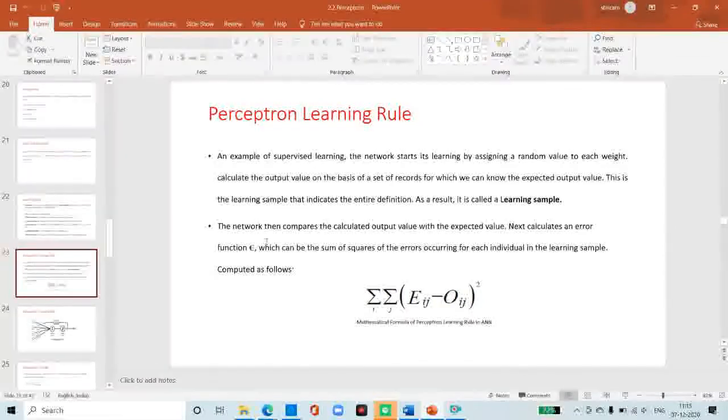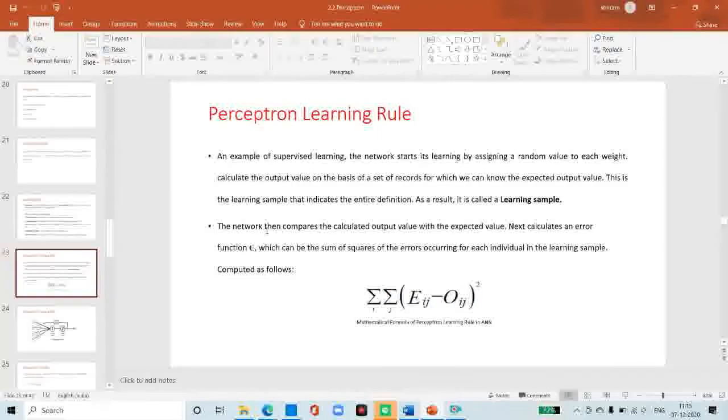In supervised learning, if the actual output and the desired output are the same, then it will generate the output. If the actual output and desired output are not the same, then it shows an error signal. It is the same in the perceptron learning rule.